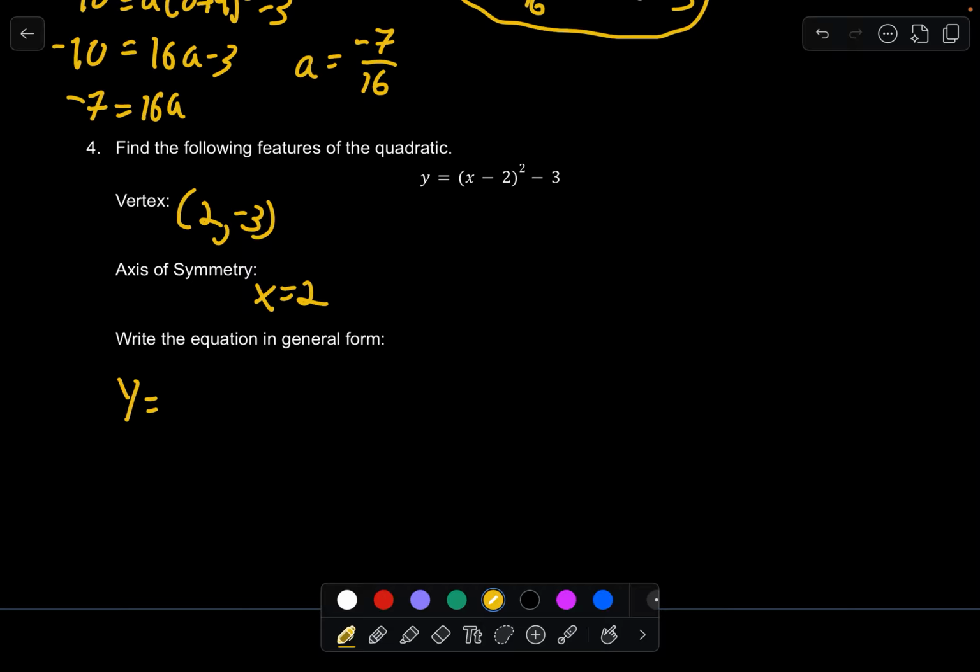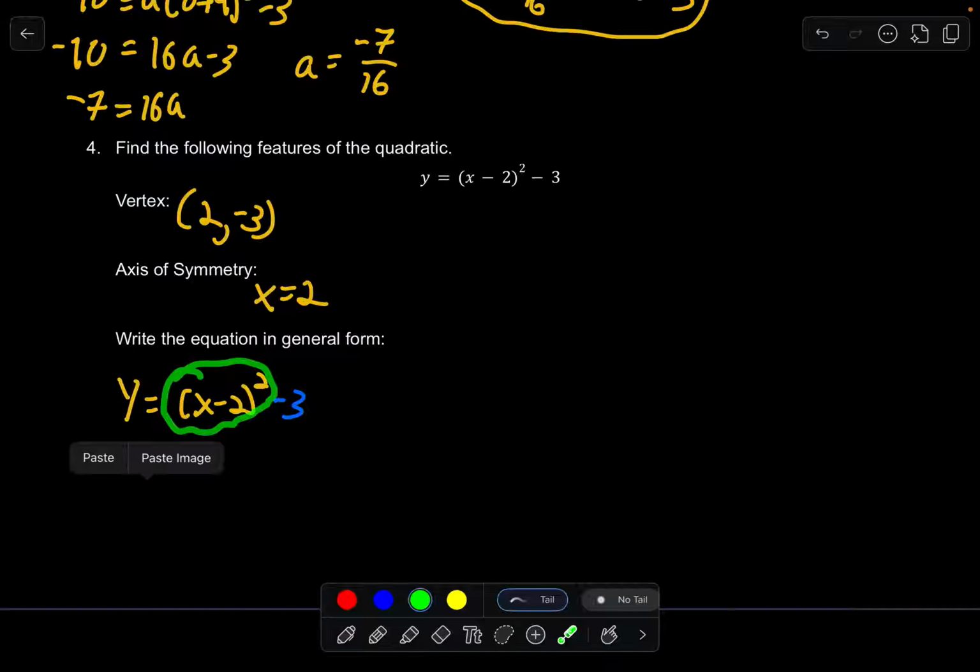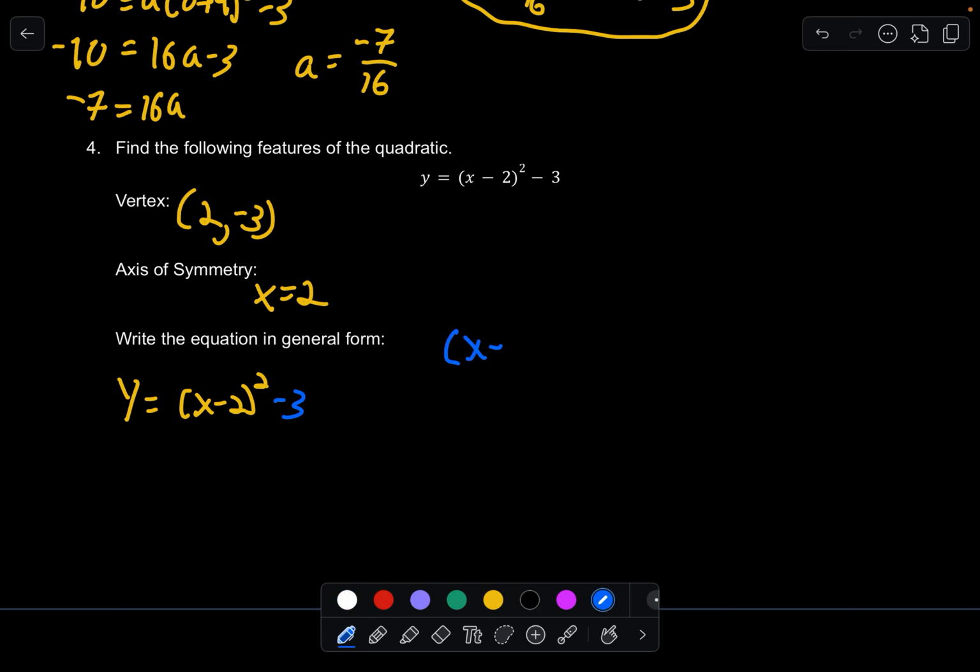And then it says write the equation in general form. So that tells us that we have to take the (x minus 2) squared minus 3. To write this in general form, we have to expand, multiply this together. So (x minus 2) squared is (x minus 2) times (x minus 2). And if you FOIL this out, you get x squared minus 2x plus 4, or x squared minus 4x plus 4.